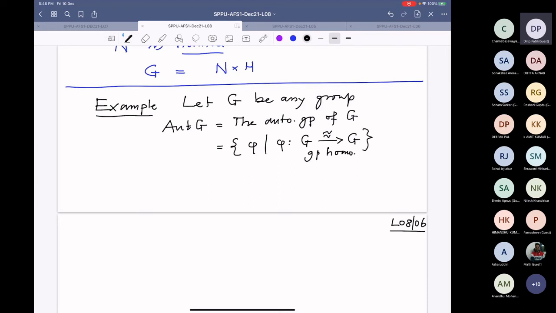And this is a group under composition. In fact, it is a subgroup of S of G. So this is a group under composition.